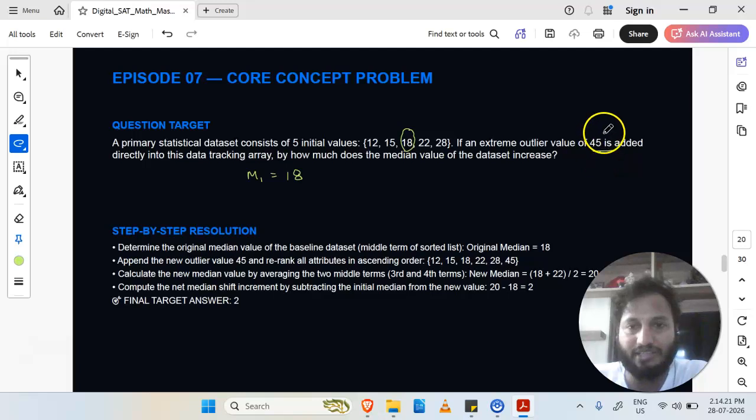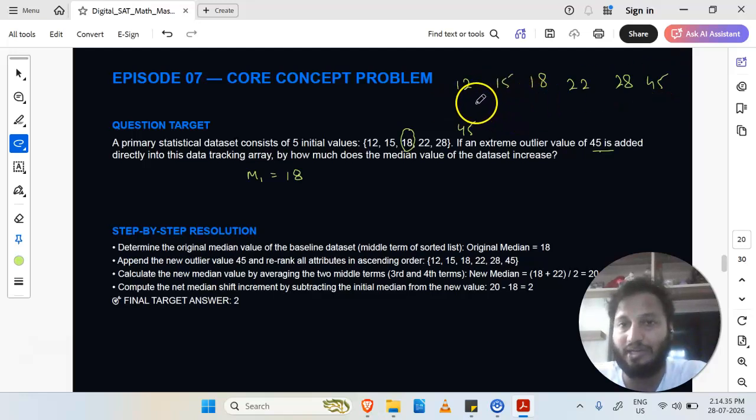Now once we add this number 45, what happens? 12, 15, 18, 22, 28, and 45. Now the middle value will be found by counting: 1, 2, 3, 4, 5, 6. How will you find the middle value? For an even number of data points, the middle value is the average of the two middle numbers, because a single middle value is possible only when you have an odd number of data points.